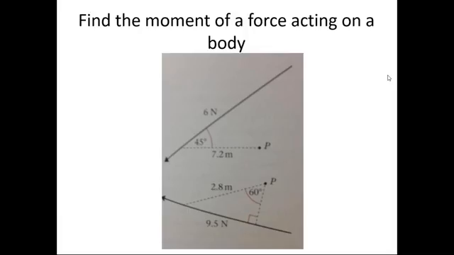So here, 6 times 7.2 sine of 45. What did you say? 36.7. 36.75.